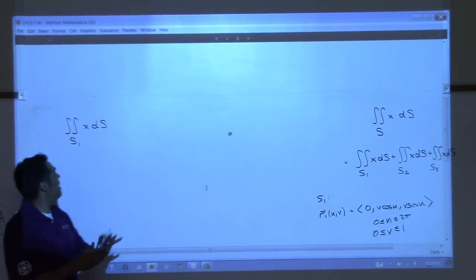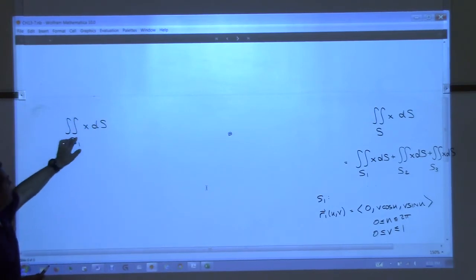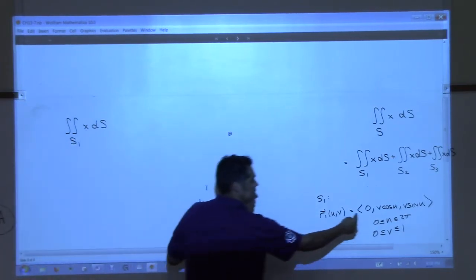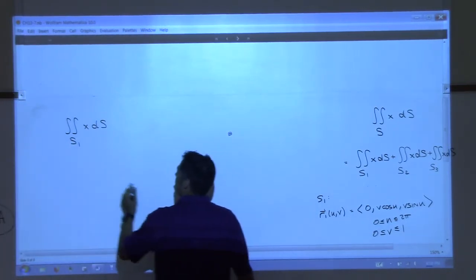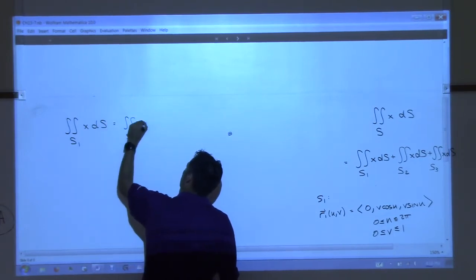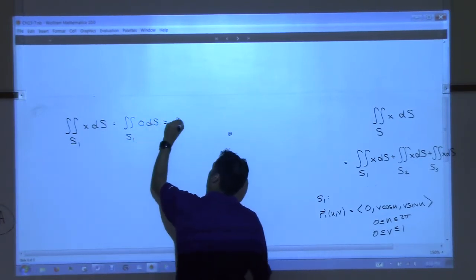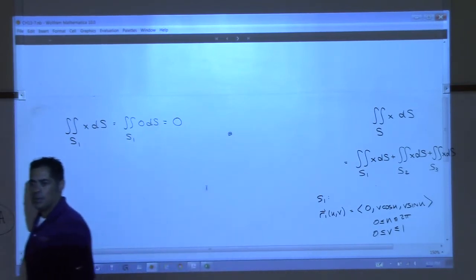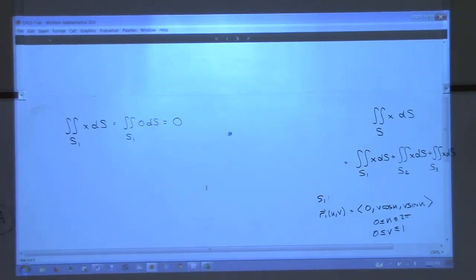But then when I got back to this, I would say to myself, wait a minute, I'm going to replace that with 0, because we are 0 there. So this is the double integral of 0 dS, and that is 0. So we got lucky there. Didn't have to do any computations.